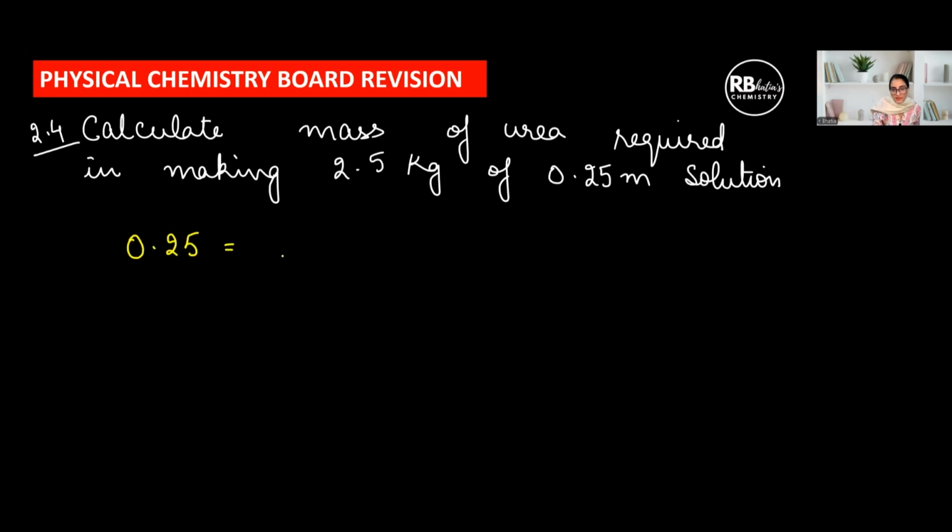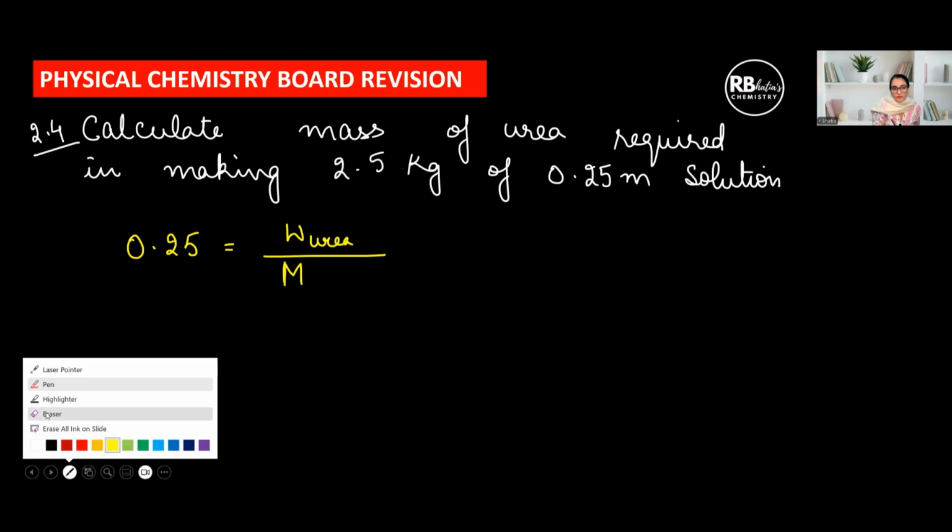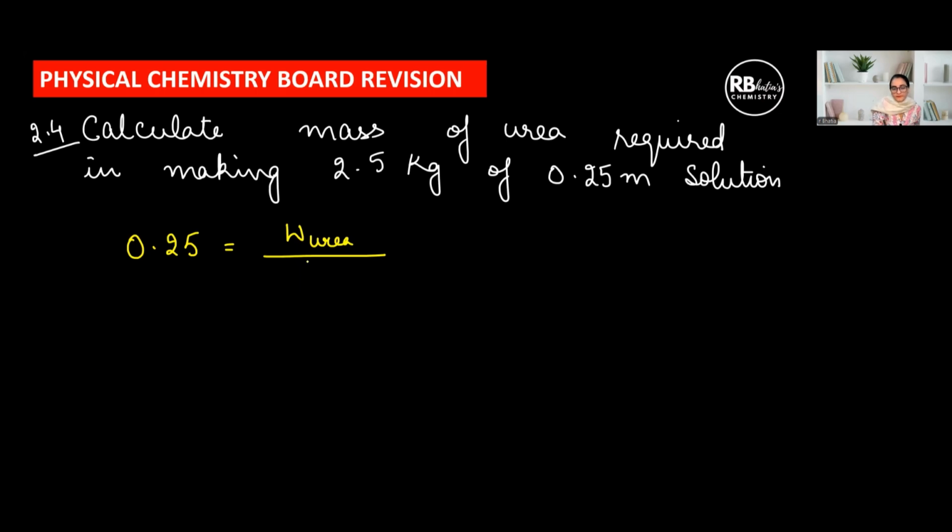0.25 molal in 2.5 kg solution, right? So suppose the weight of urea is W, and W obviously I'm taking in grams, upon the molecular mass of urea, which I know is 60. So if I put here the value 60, this is the number of moles of urea.